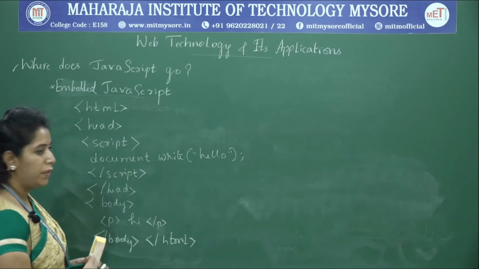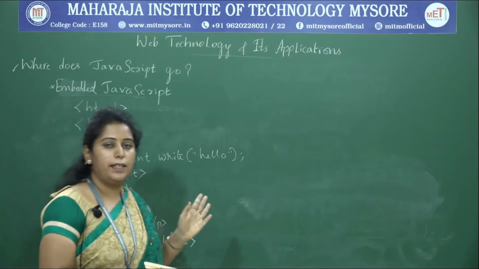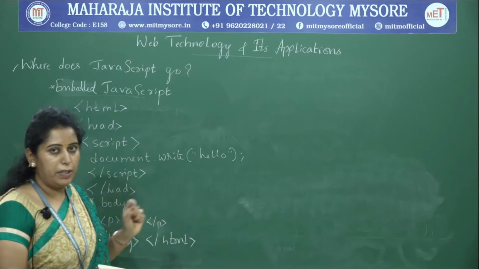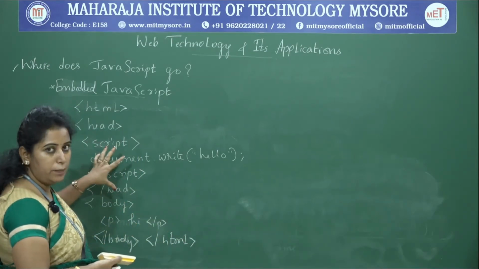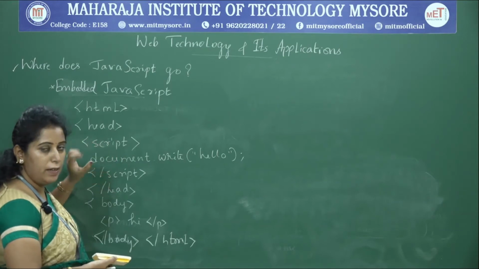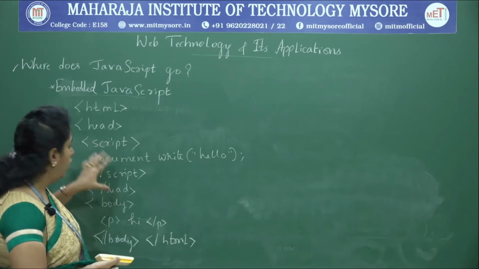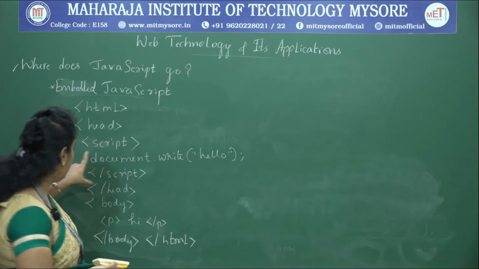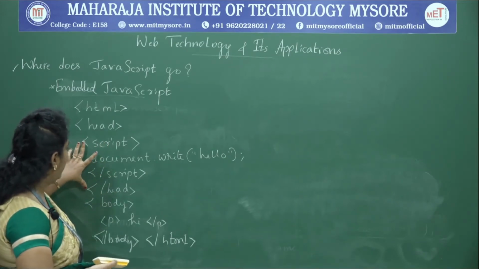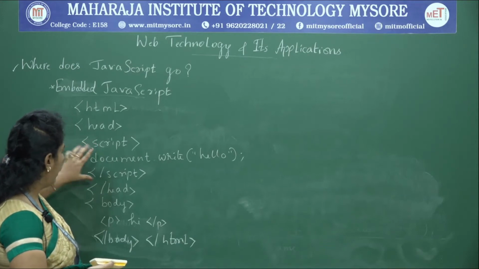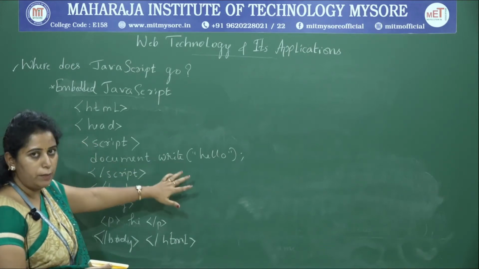Now what has happened here? This is a very simple example to understand embedded JavaScript. Embedded JavaScript in the sense that you are embedding the JavaScript within an HTML using the script tag inside the header part. So within the header you have to open a script tag. There you have to give JavaScript code.